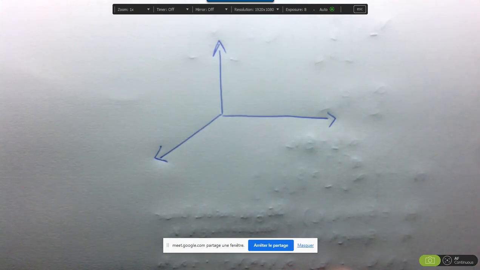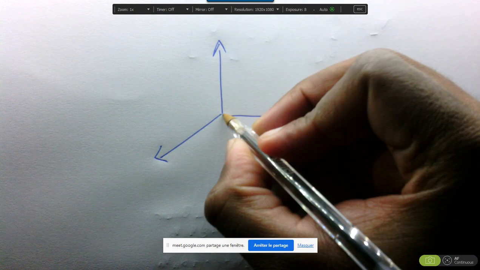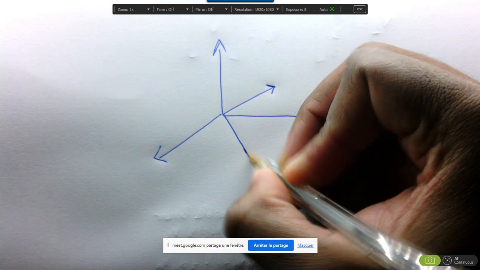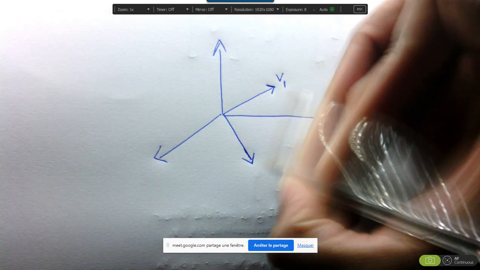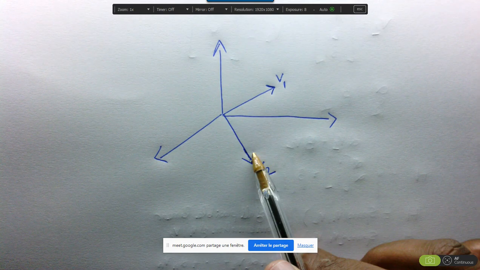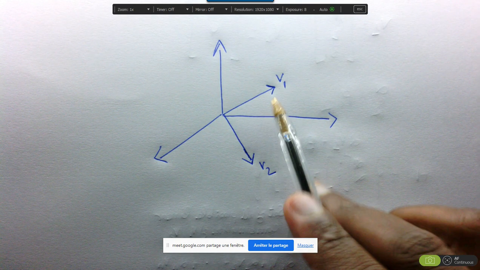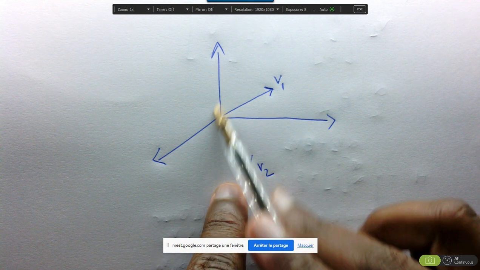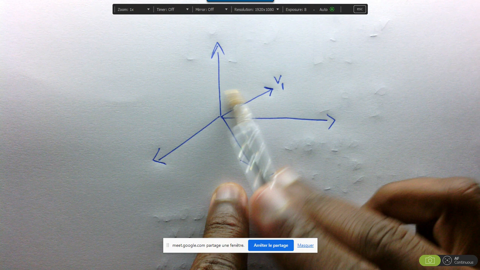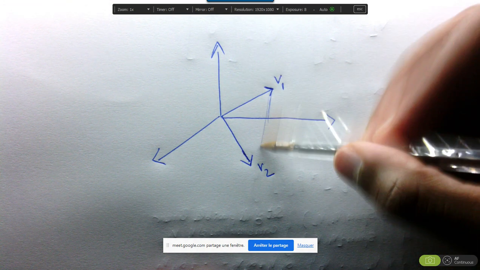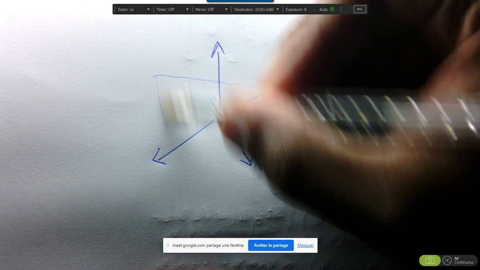Now if I take two vectors inside of R3, let's say I have v1 here and v2 here, the set of all of the possible linear combinations that I can form with those two vectors will form a subspace inside of that R3.